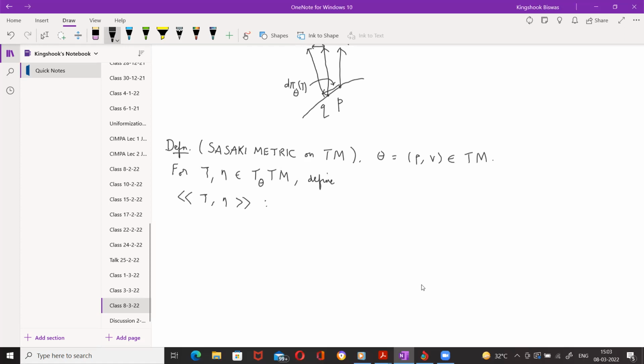This is defined to be the inner product in TPM between d pi theta xi and d pi theta eta, plus the inner product between k theta xi and k theta eta. Okay.